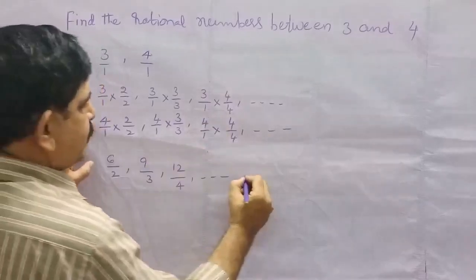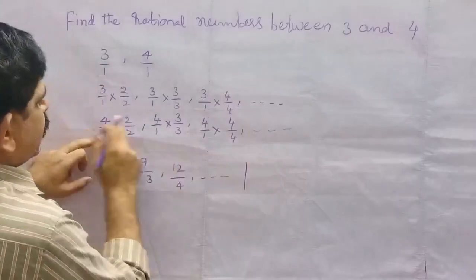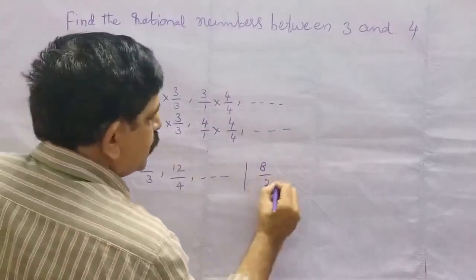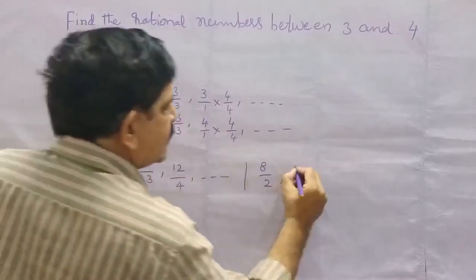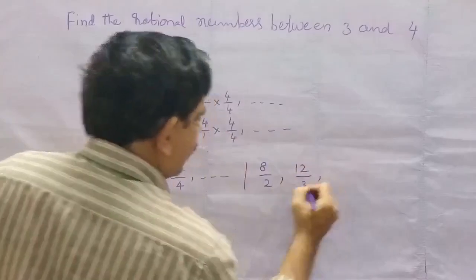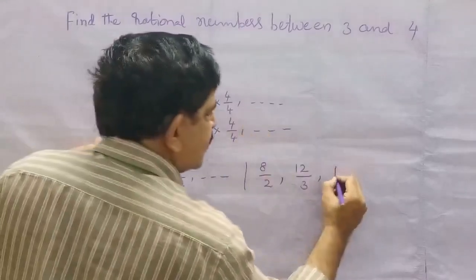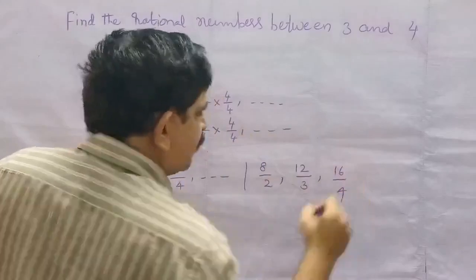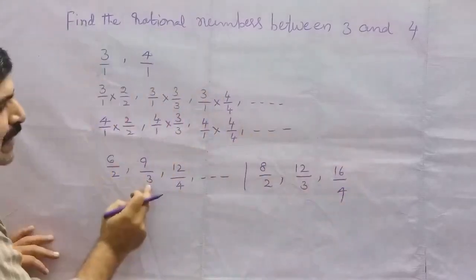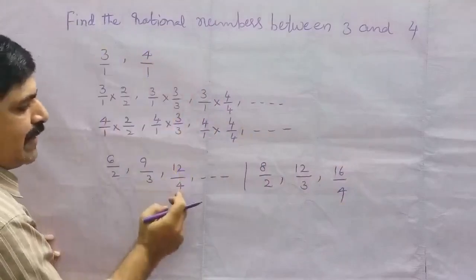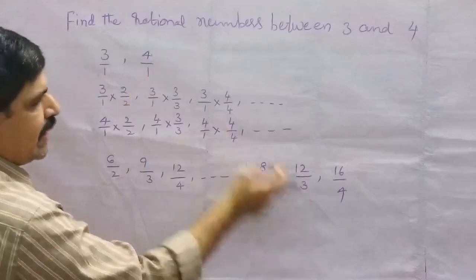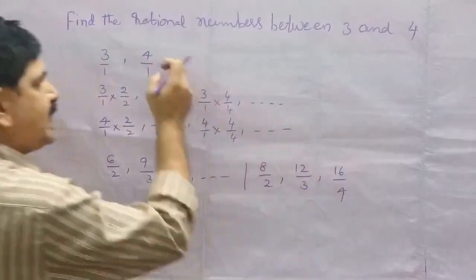Next one, 4 2s are 8 by 2, 4 3s are 12 by 3, next one 4 4s are 16 by 4. Here 6 by 2 value is 3, 9 by 3 value is 3, 12 by 4 is 3, 8 by 2 is 4, 12 by 3 is 4, 16 by 4 is 4.